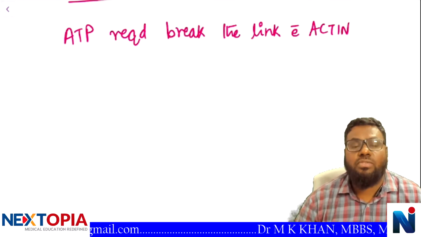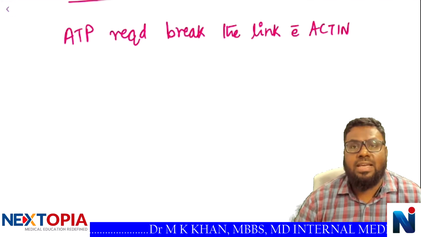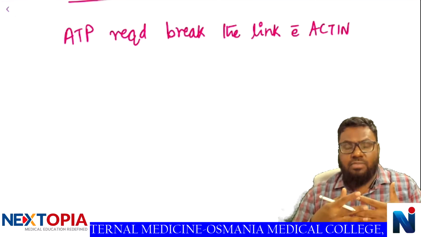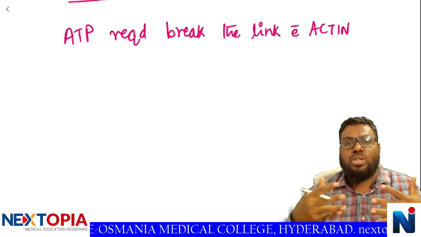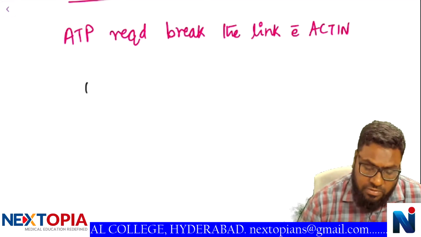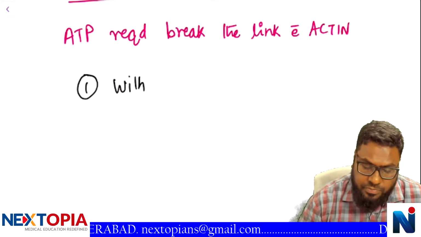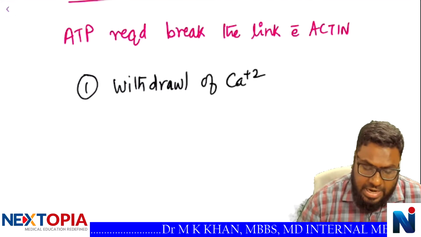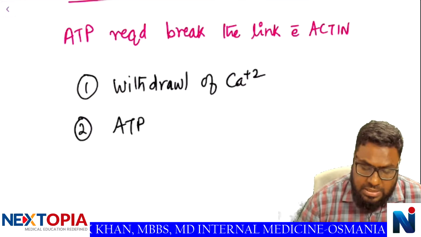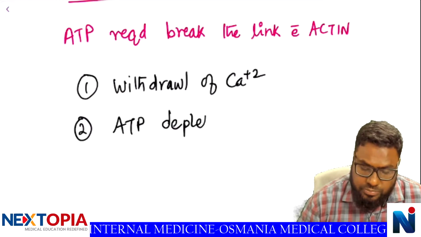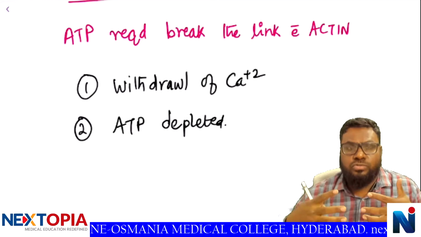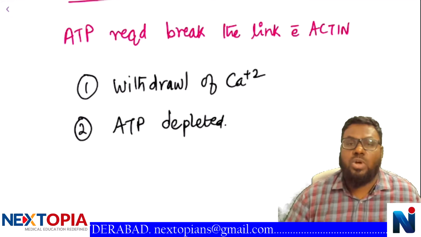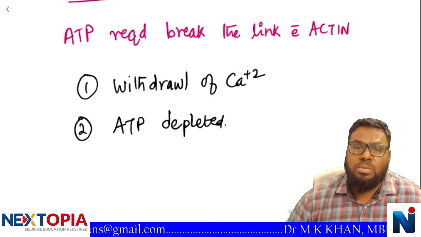Either there is withdrawal of calcium, resulting in the contraction stopping, that is, the sudden withdrawal of calcium results in the muscle coming to the normal position. Or the second point is if the ATP is depleted, if there is no energy to form the contraction linking, then also the contraction stops and the muscle comes back to normal position.